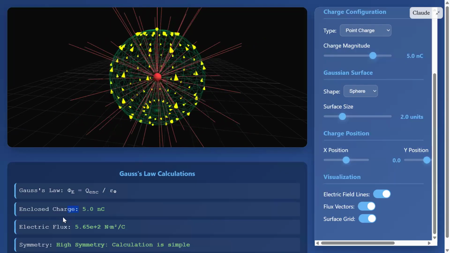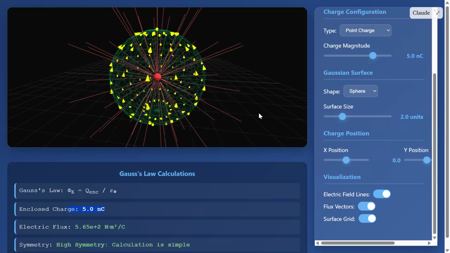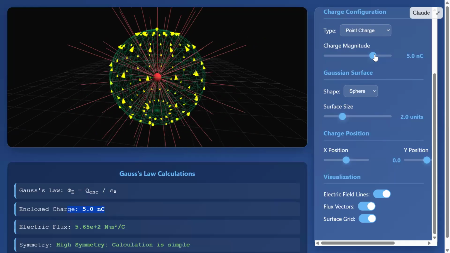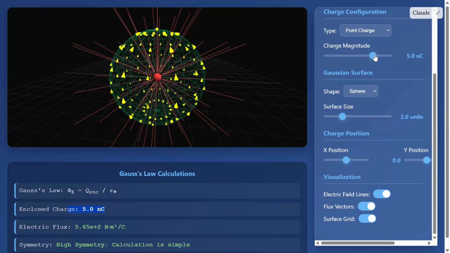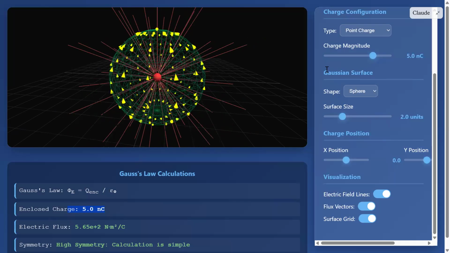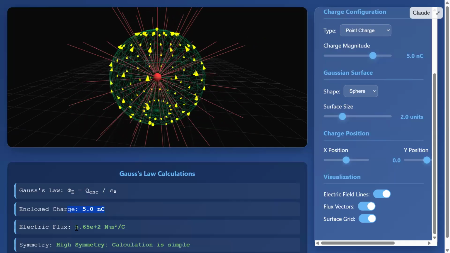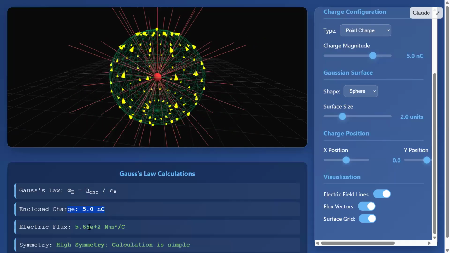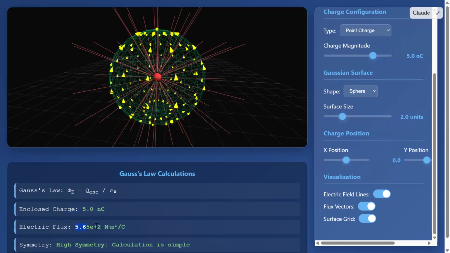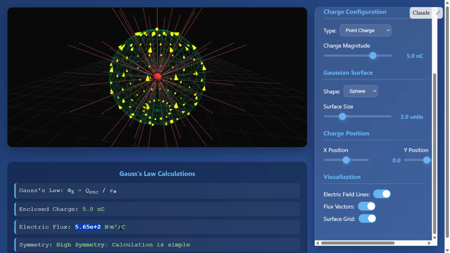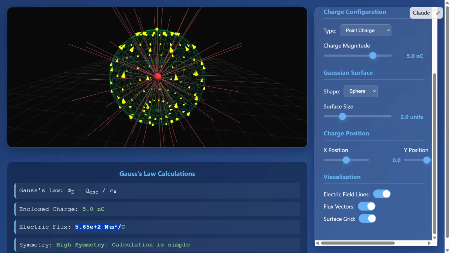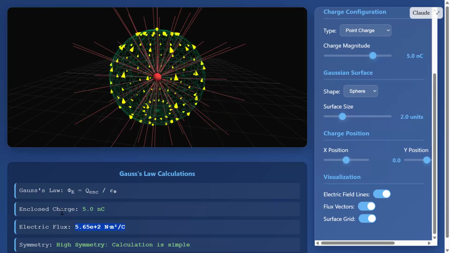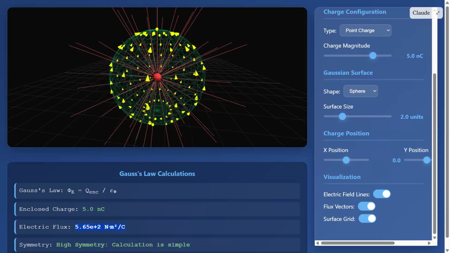Note it down: enclosed charge 5 nanocoulomb, because we chose 5 nanocoulomb, and we can change that charge. Electric flux is 5.565 e power plus 2 newton meter square per coulomb, because we already have the enclosed charge.